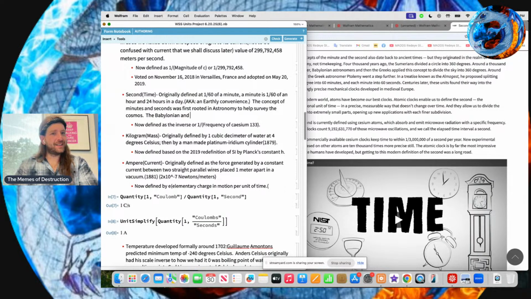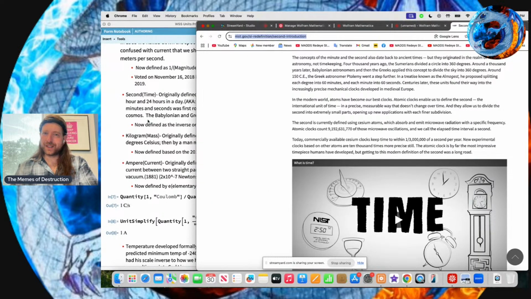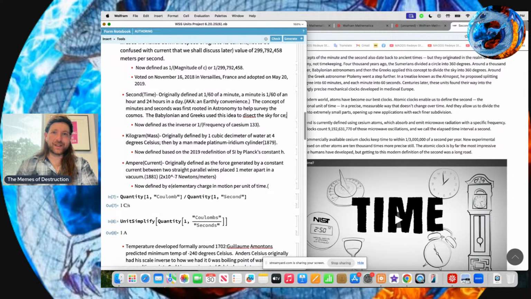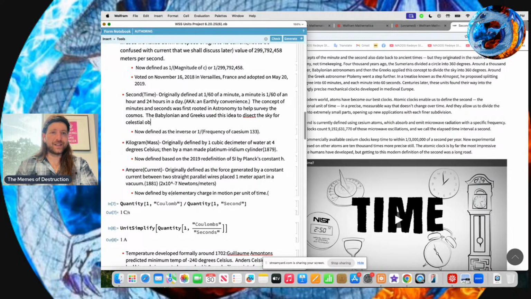Babylonians and Greeks used this idea to dissect the sky for celestial observations and accounting for where stuff is.